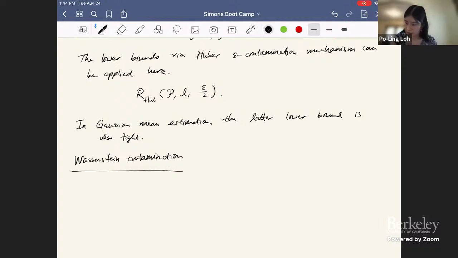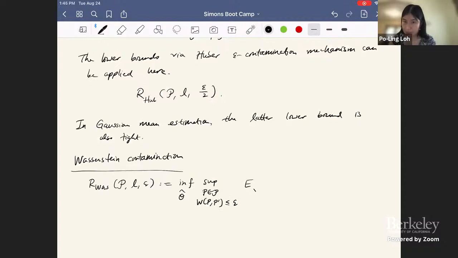So instead, you can define the Wasserstein minimax risk as R sub W, P, L, epsilon is equal to the infimum over theta hat. And now we're looking at a supremum over distributions P prime with W of P, P prime less than or equal to epsilon.